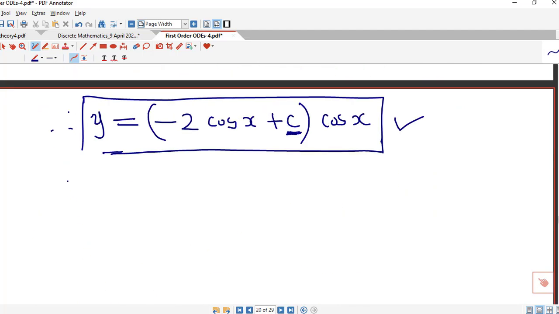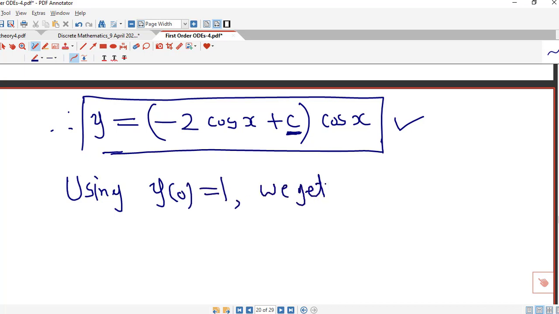So using y(0) equal to 1, that is we put y equal to 1 and x equal to 0, we have 1 equal to minus 2, cos 0 is 1, plus c, and cos 0 is 1. So this is equal to c minus 2.